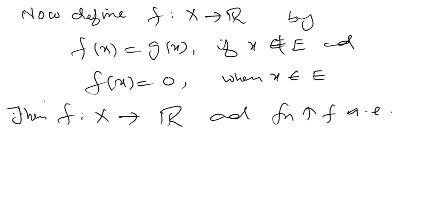So by theorem 21.6, which you have seen in the previous section on upper functions: if f is a function from X to R, and there is a sequence of upper functions such that f n increases to f almost everywhere, and the limit of the integral of f n is finite, then f is an upper function.